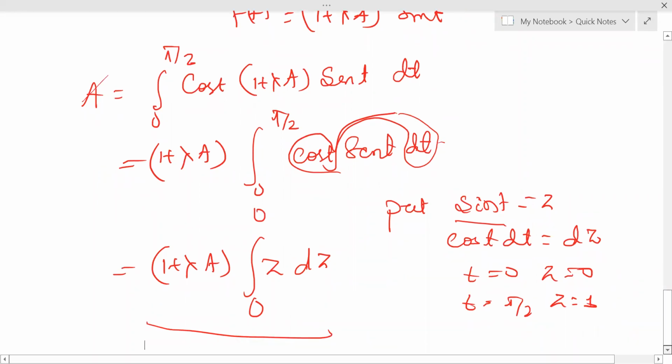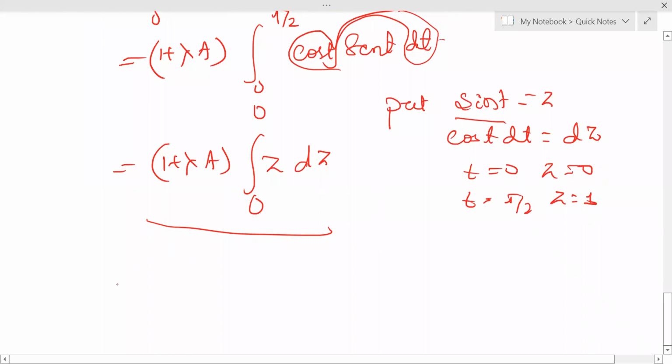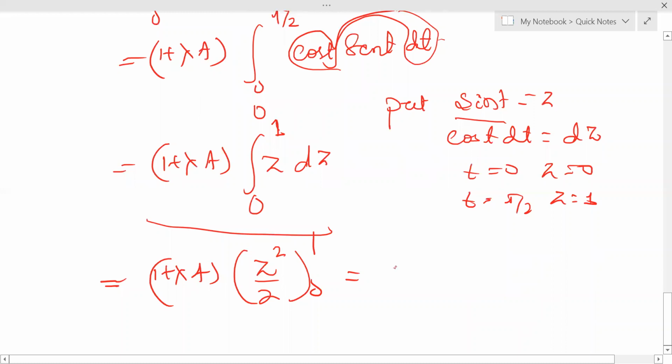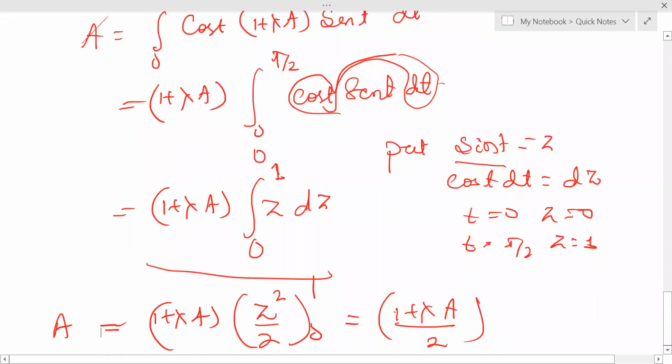Now we can integrate. The value becomes (1 + λa) times z²/2 with limits 0 to 1. So you see here, (1 + λa)/2, and this is the value of a. So what is the value of a?